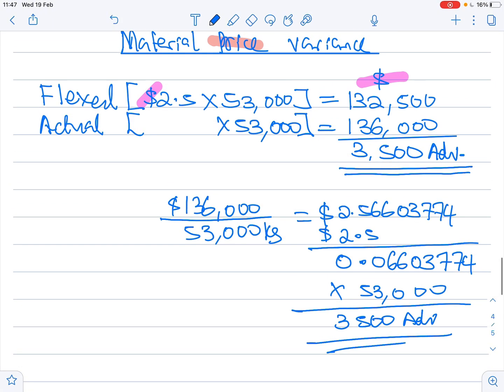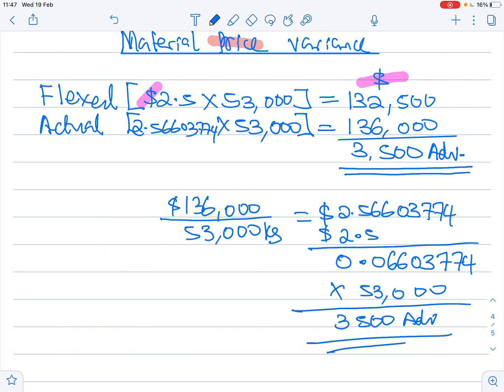Okay, so I'm hoping this is something you can relate with. Our friend paid a price of 2.56603774 per kg. So on each kg, he overspent by 0.06603774.